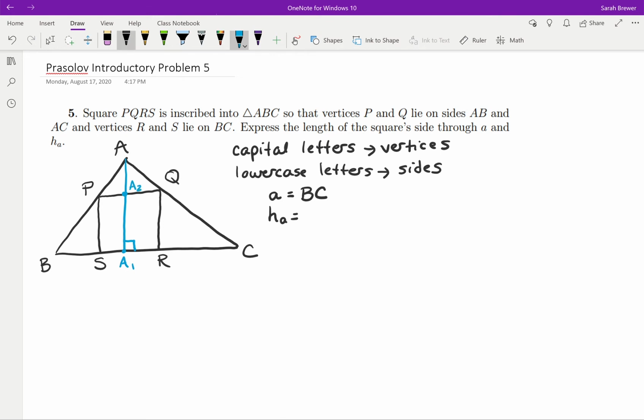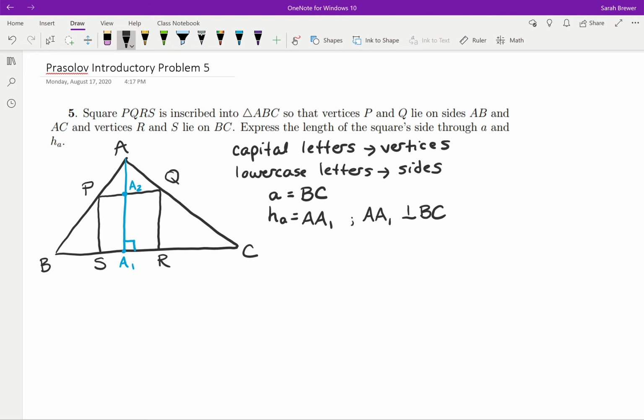So in this picture, HA is the same as AA1, and we know again that AA1 is perpendicular to side BC. Lightning. All right, so we know those things.